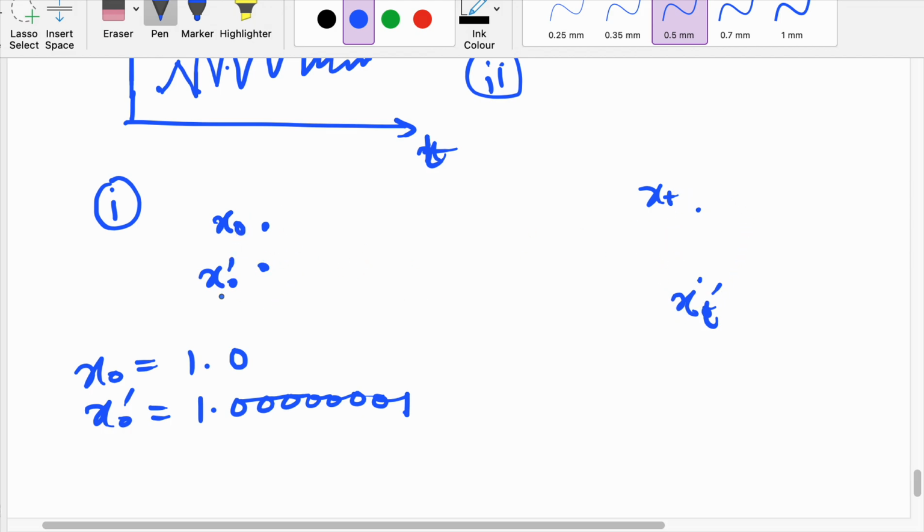So if x0 minus x0 prime is very small, then at a later time it will also remain small.